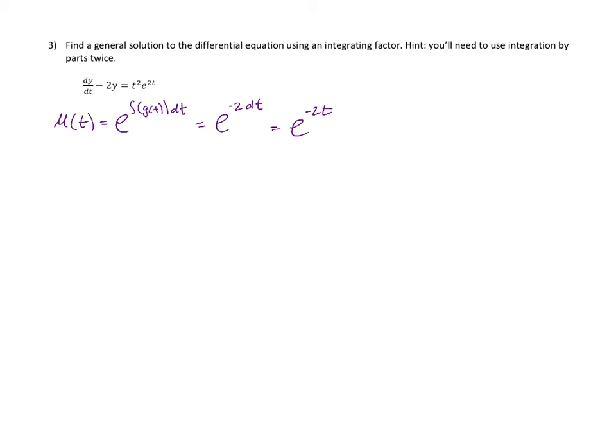Multiply both sides of the original differential equation by the integrating factor.